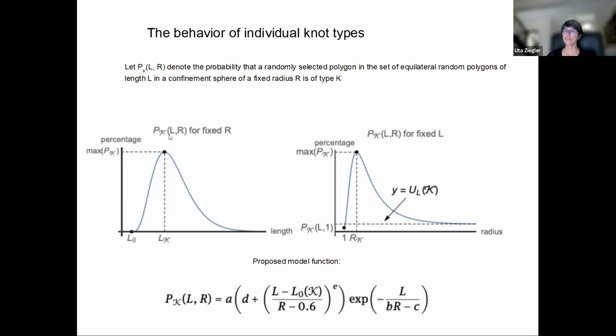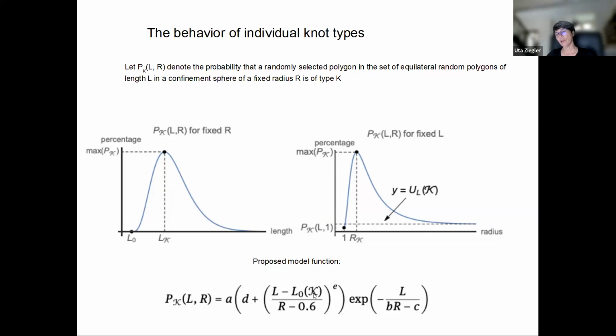But in the proposed model function, what parameters are you using there? I see that you have exponentials and A, D and so on. Is there anything in that formula that is taken from the knot? Like the winding, the crossing number?